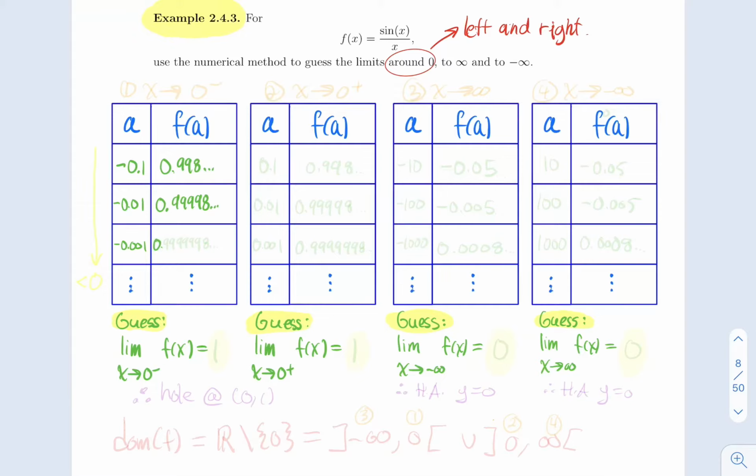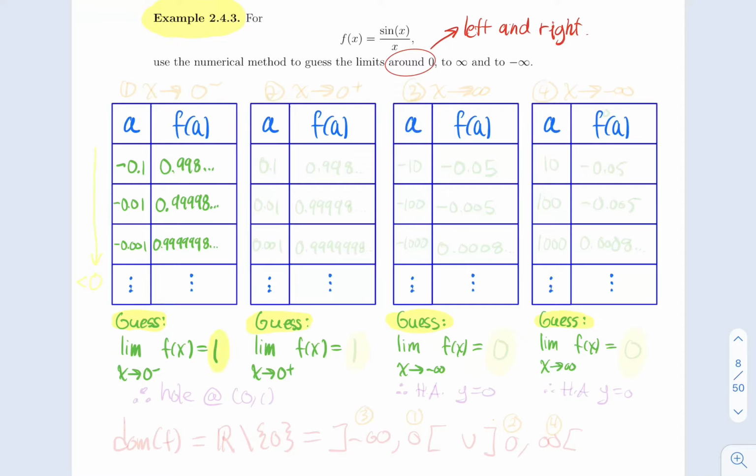You're going to get six 9s and an 8, etc. Now, 0.998, 0.99998, 0.999998, I can see that these numbers are very close to 1, and they're getting closer and closer to 1. So the best guess here is to say that the limit as x approaches 0 minus of f of x is 1. So that's our guess for the left limit.